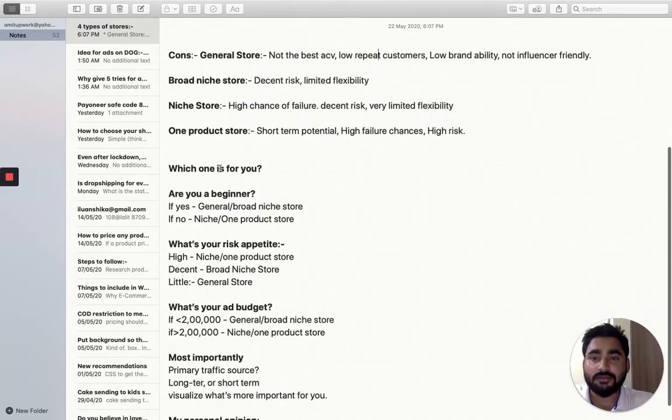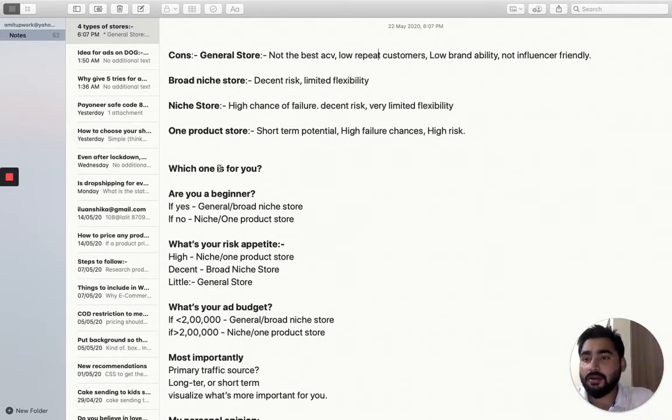But these are all the advantages of these four types of stores. Now coming back to the disadvantages, or cons. When it comes to disadvantages, a general store does not have the best average customer value. Chances are very low that a person who has already purchased from your store will come back and purchase again. There are low repeat customers and low brandability.